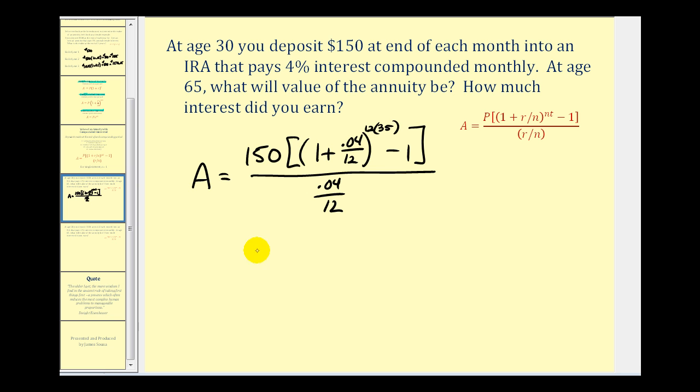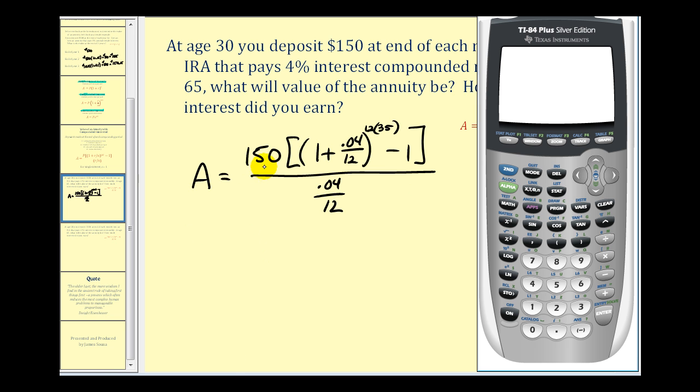So from here, we'll go to the calculator. We'll start with a parenthesis for the numerator. We have 150, and then we'll have two open parentheses, 1 plus 0.04 divided by 12, and raise this to the power of 12 times 35, minus 1, and then a closed parenthesis for our numerator.